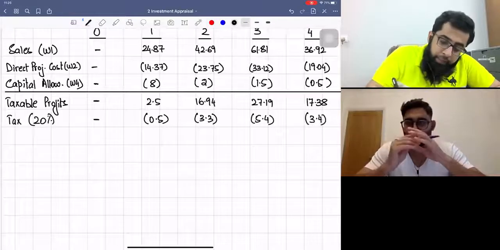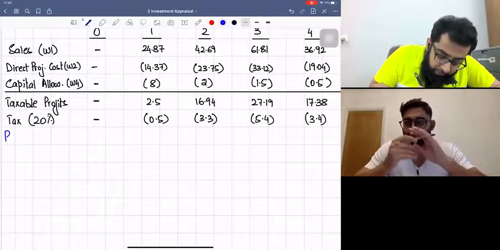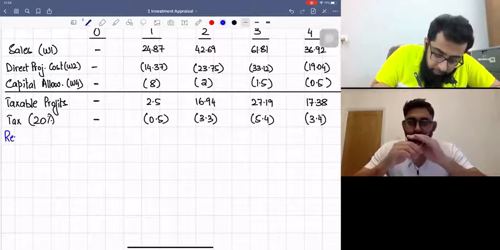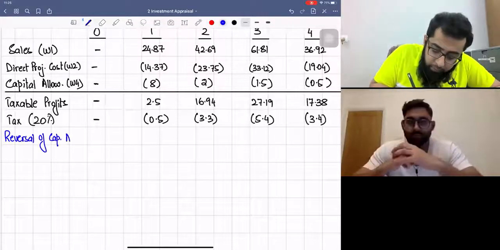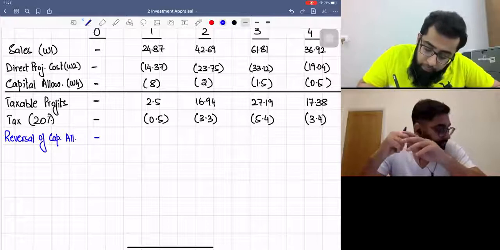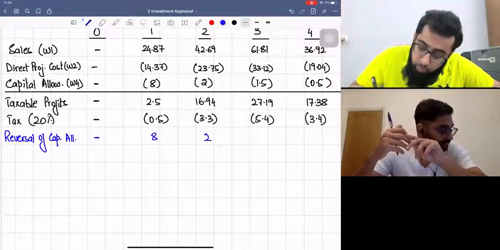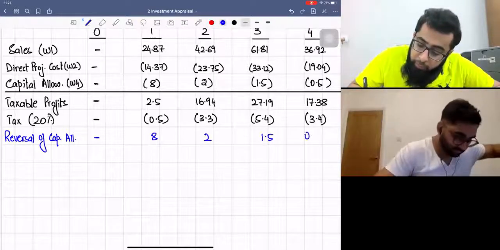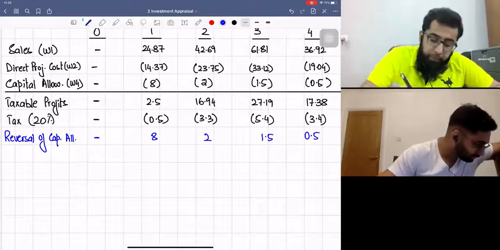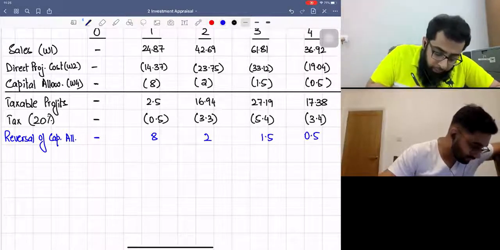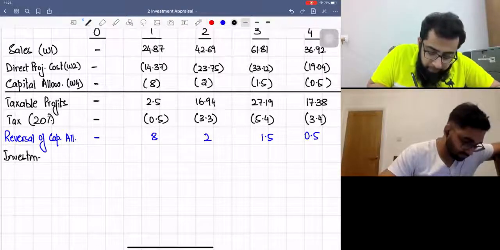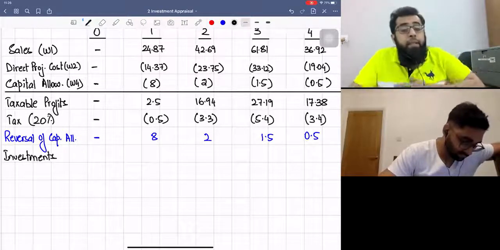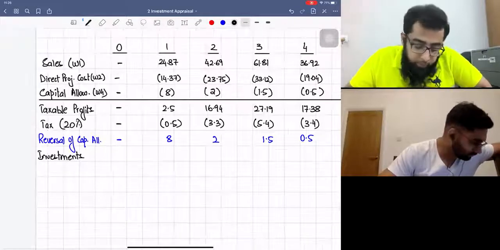Then we will reverse the capital allowances: a reversal of capital allowance 8, 2, 1.5 and 0.5. Now we will put in the investments because the tax is calculated and now we can include all types of cash flows.